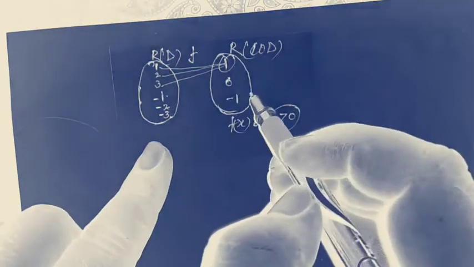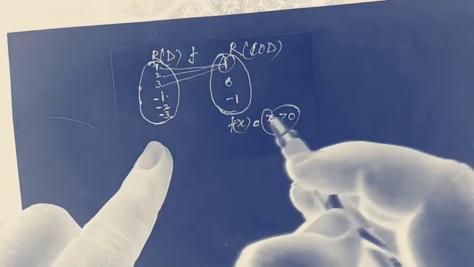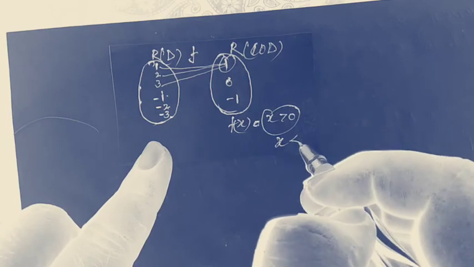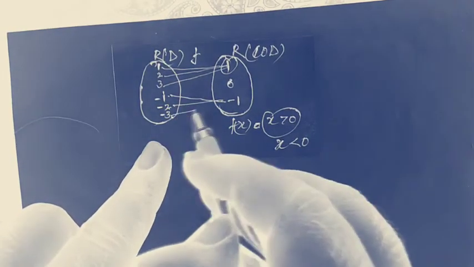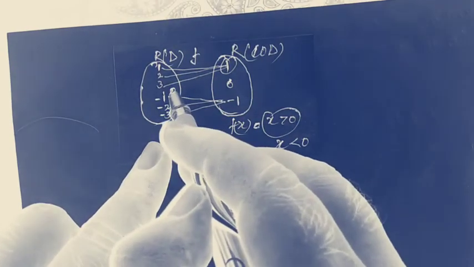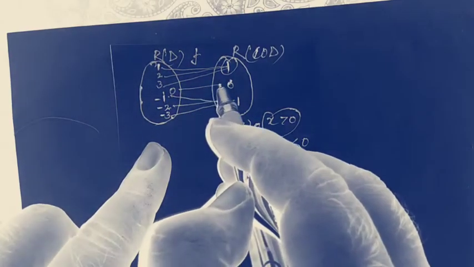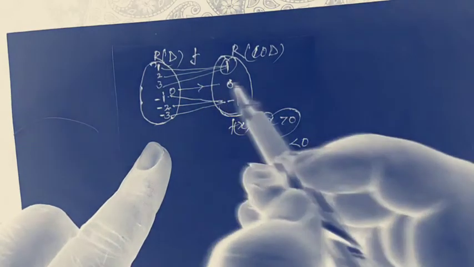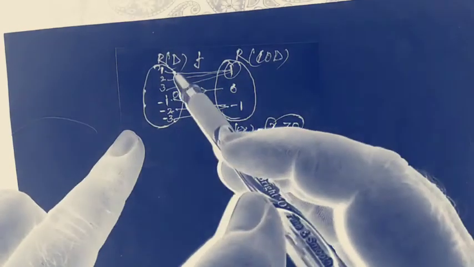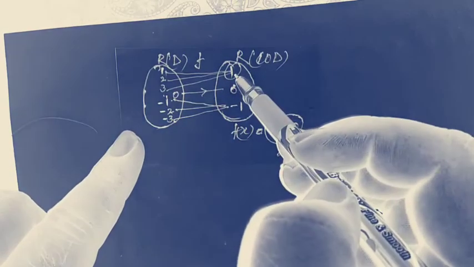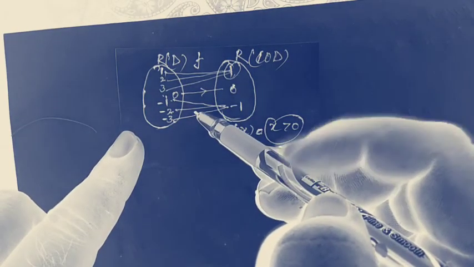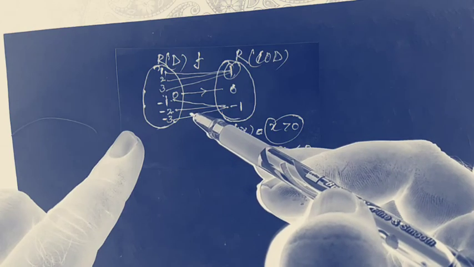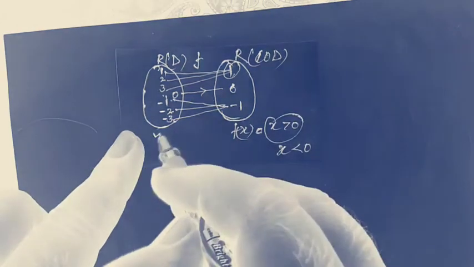And the value for x less than 0 is -1, and the value of 0 is 0. So you can see here three elements have got one image, and more elements in the domain have got only one image in the codomain. So it is a many-one function.